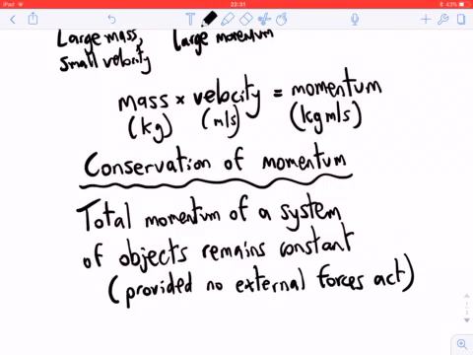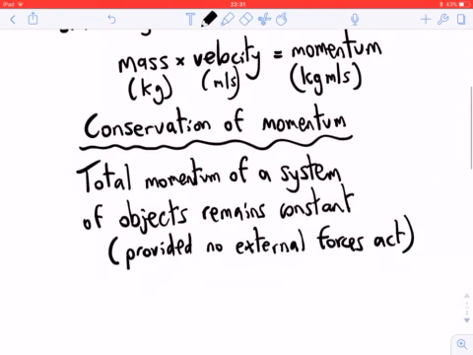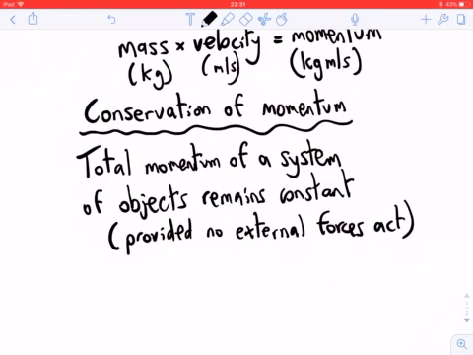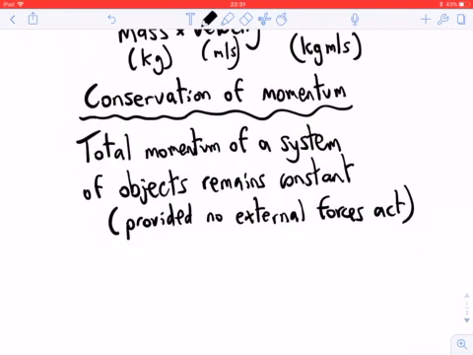Or if we took into account friction, then friction would dissipate the momentum of the balls on the surface as they move around. So again, we wouldn't have a conserved system. We wouldn't have a system in which the total momentum remains the same. But if we take away any outside forces, then momentum is conserved. The total momentum before any collision or explosion is equal to the total momentum after.